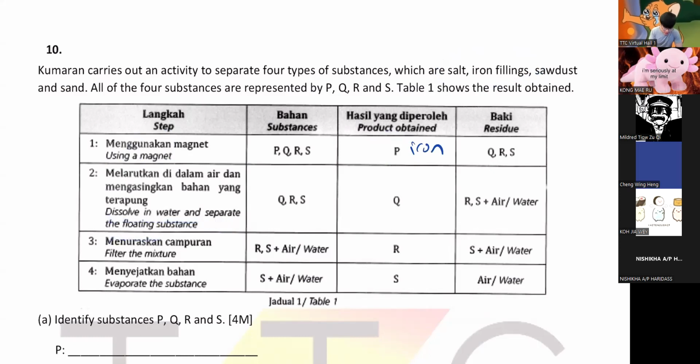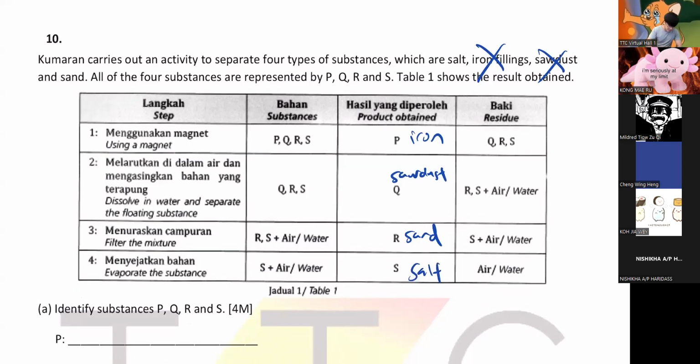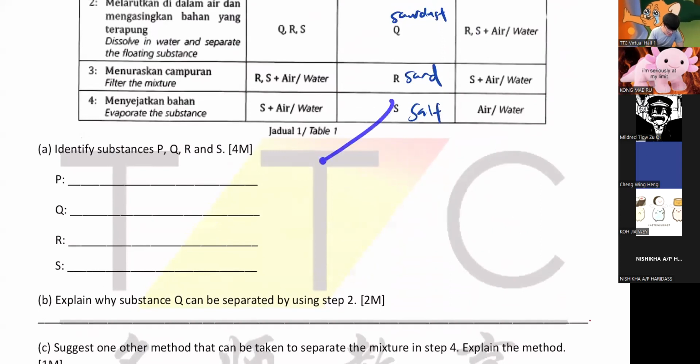Now iron is out. What else can float? Sawdust. Sawdust is out now. Filter the mixture. What can you filter? You can filter sand. And then the last one, you evaporate this, you get the salt. Easy, right? Please write it here.